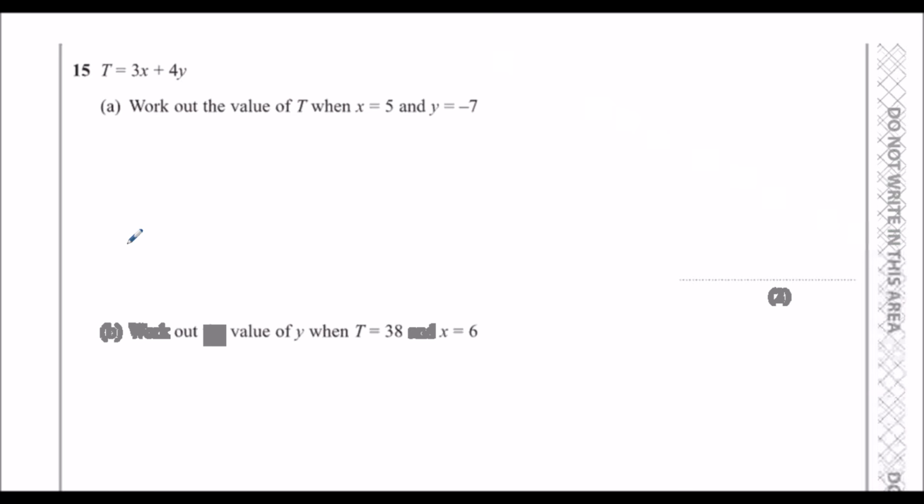Question 15. T equals 3x plus 4y. Work out the value of t when x is 5 and y is negative 7. So t is equal to 3 times x, and I'm going to use a bracket here for my times, and plus 4y, and y is negative 7.